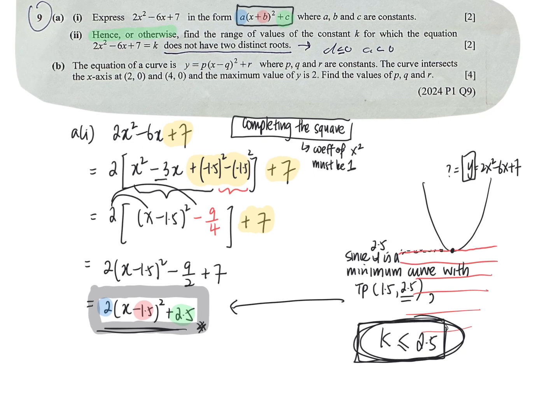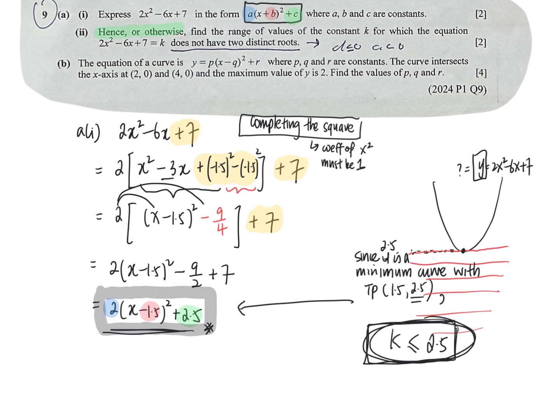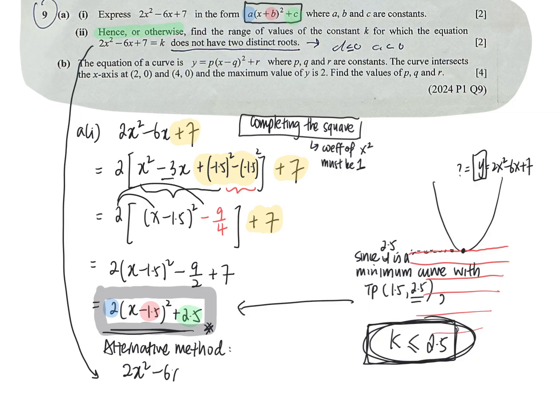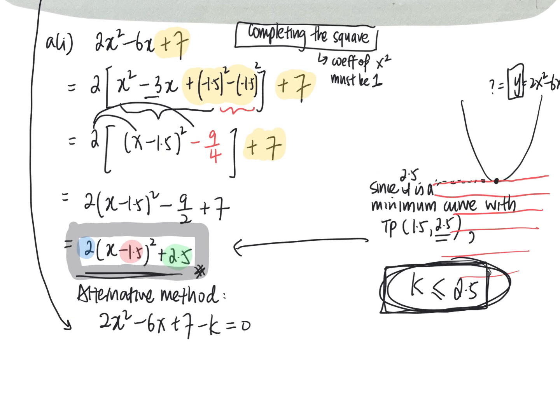Alternatively, you can shift the equation and use the discriminant. Can you still use b squared minus 4ac? Yes, you can. If you want to use b squared minus 4ac, you rearrange the k over. You know that the discriminant must be less than or equal to 0 because they say it cannot have 2 distinct roots.